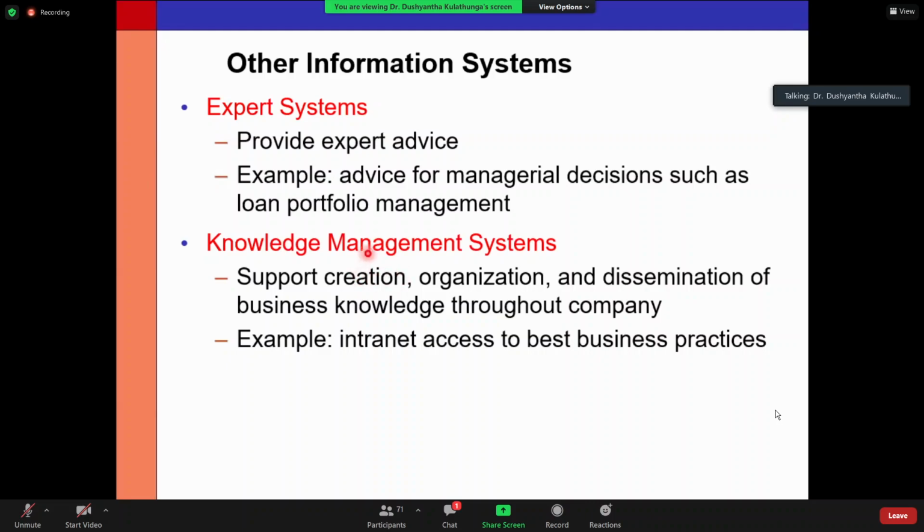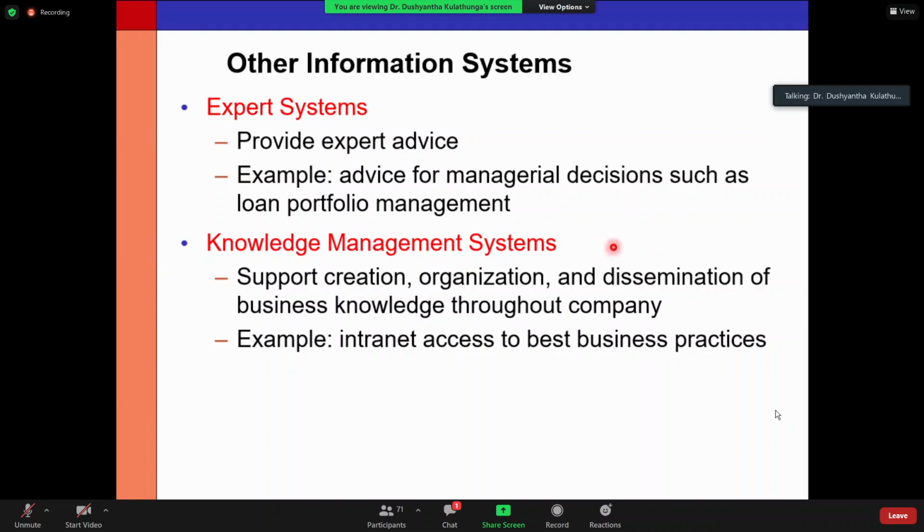So that when new knowledge is created, it can be captured by the system directly, organized or put into a particular format that we require, and thereafter we take necessary action to disseminate it among the employees within the organization. So the knowledge management system will always be connected to places where new knowledge is created. As I mentioned earlier, it can be the scientific experiments performed or where the R&D work is done.